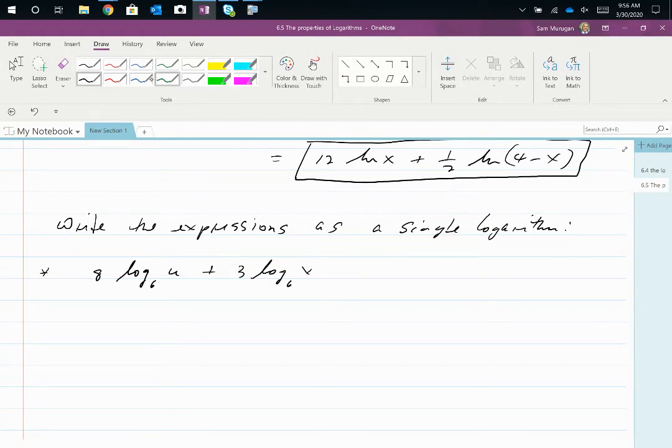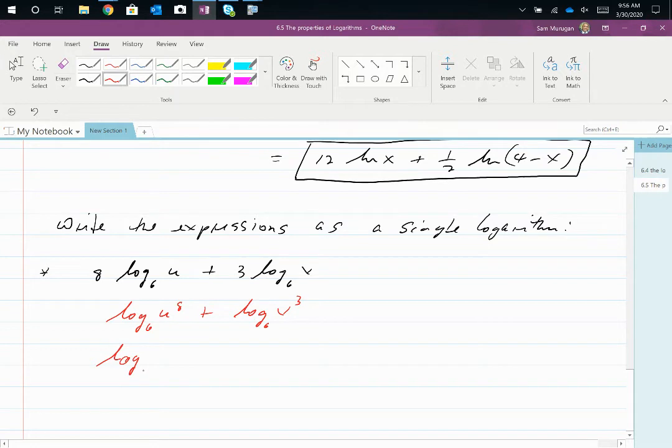So you want to start by reversing the process. This is log base 6 of u to the power 8 plus log base 6 of v to the power 3. And then combining to a single logarithm with base 6, u to the power 8 v to the power 3.